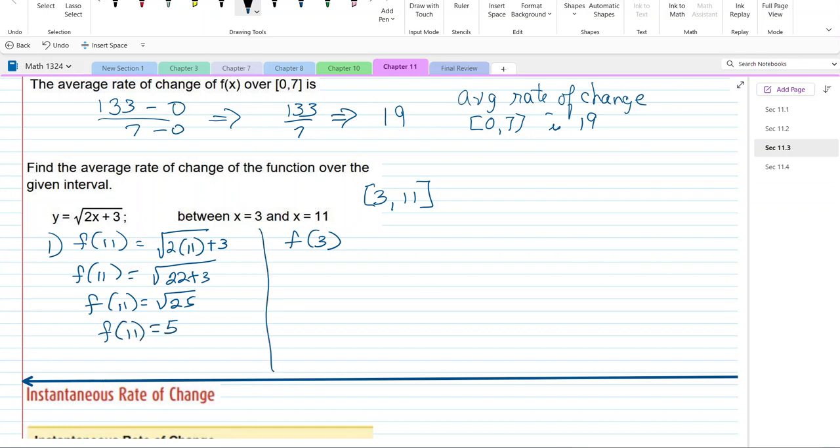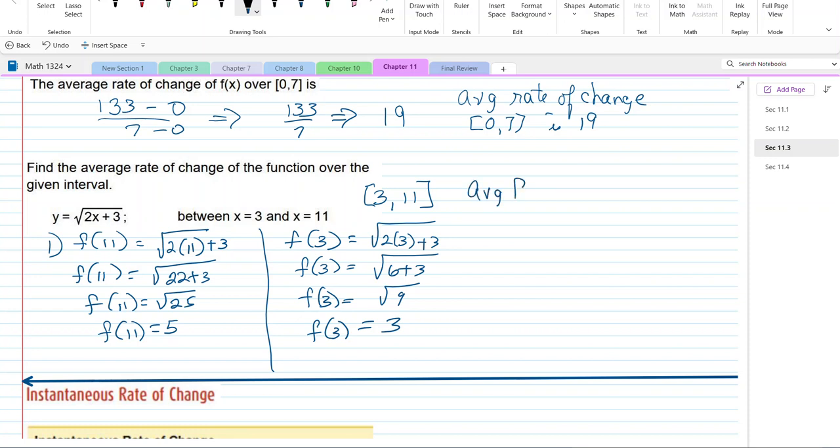Now we're going to do f of 3. So I'm going to have the square root of 2 times 3 plus 3. That's going to give me 6 plus 3, 9. And of course that's going to give me 3. So I'm going to use my average rate of change, which is another word for slope, for a closed interval.